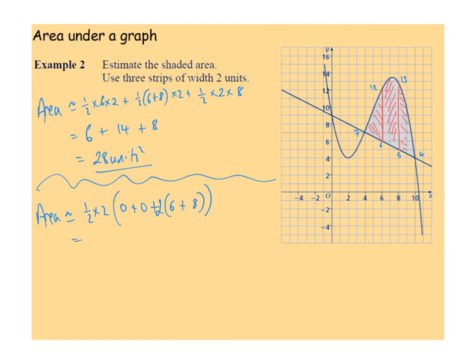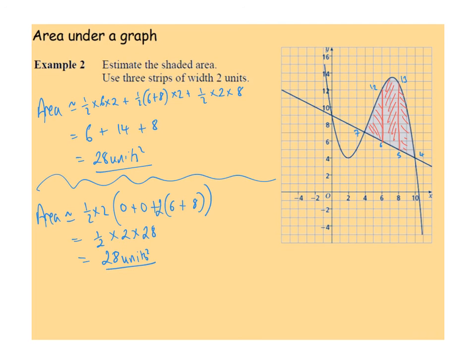And so I can do 6 add 8, which is 14. 14 times 2, which is 28. So we've got half times 2 times 28. And of course, a half times 2 is 1, and 1 times 28 is 28. So there's another way of doing that same method, but with a slightly tidier calculation to make it a bit slicker.